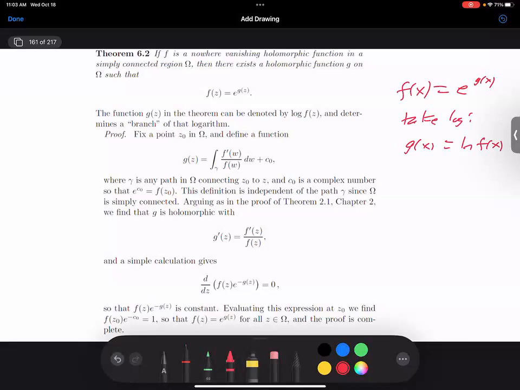What's g prime then? If g is the natural log of f of x, what's the derivative of the natural log of f of x? Right. So by doing it slowly, the derivative of the natural log is 1 over whatever the input was. And then by the chain rule, I just take the derivative. So it's just f prime over f. That's really where this is coming from.